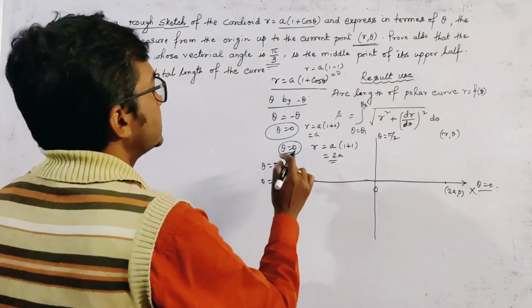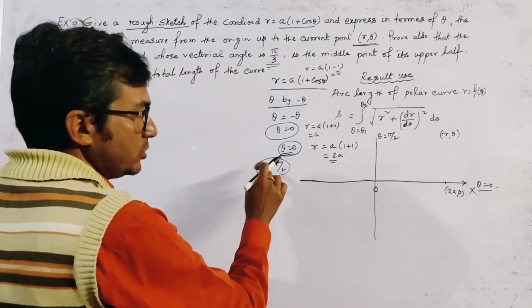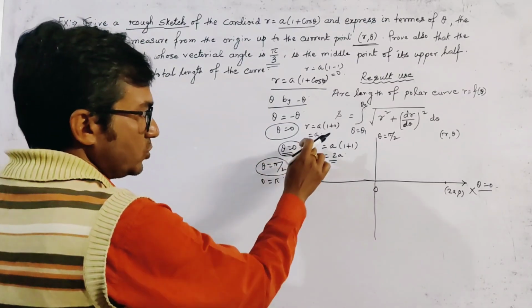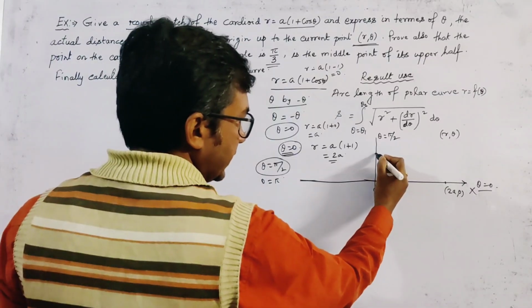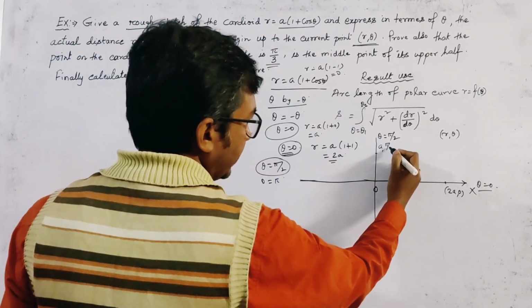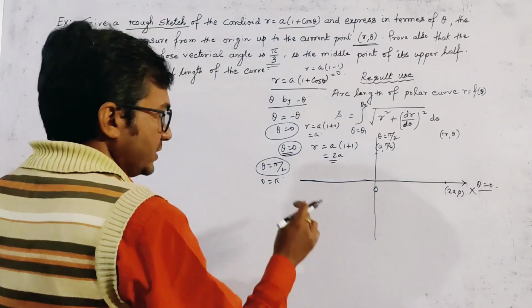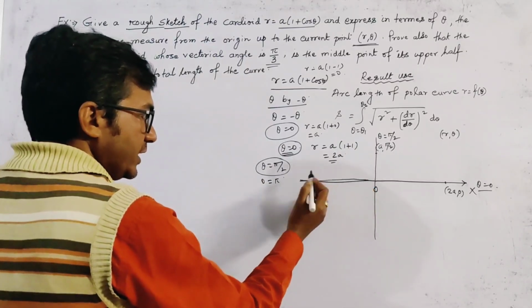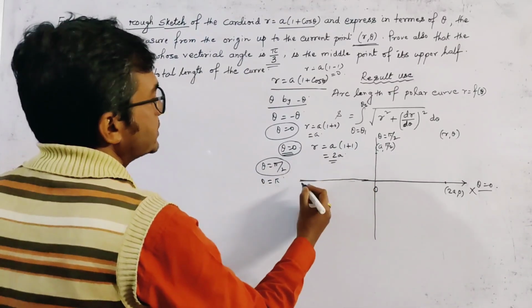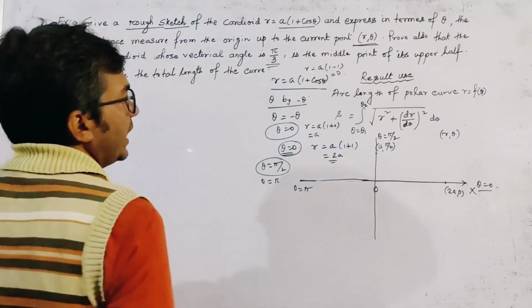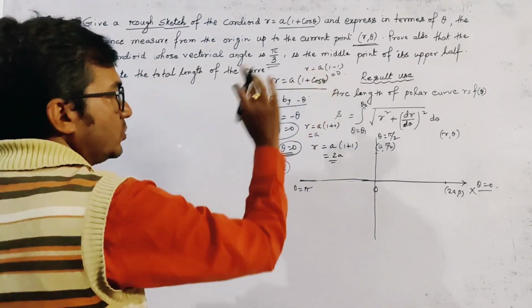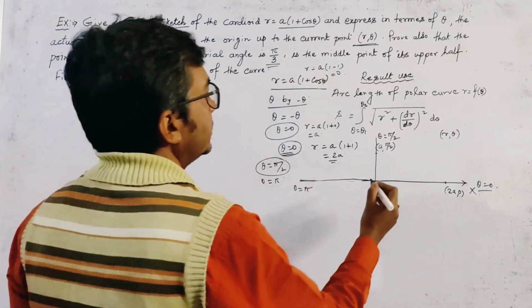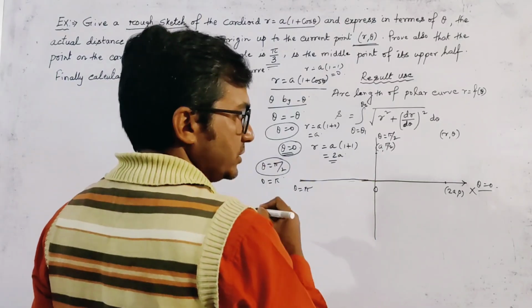The second is when theta equals pi by 2, the point is (a, pi by 2). And the last point is theta equal to pi, where r equals 0, so this is (0, pi).